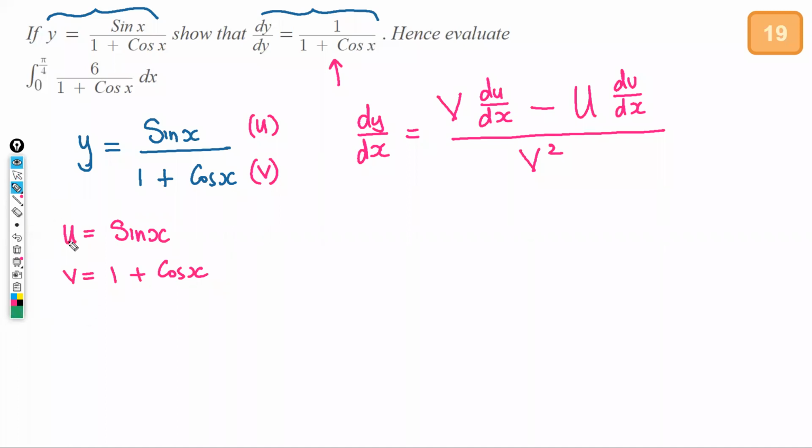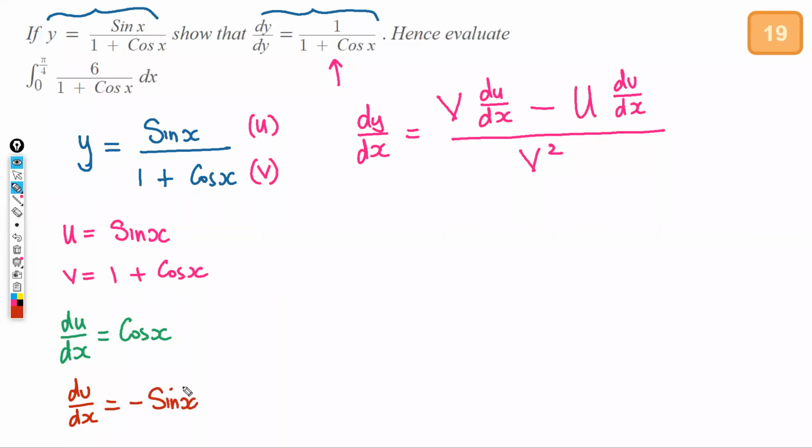When you differentiate u and x, you're going to get what? du dx, which is, when you differentiate sine, you just get positive cosine. Now, it's real easy to mix up differentiation and integration rules, so it takes a lot of practice. And if you differentiate the v and the x, dv dx, when you differentiate 1, you will get 0. And when you differentiate the cosine, you get minus sine.